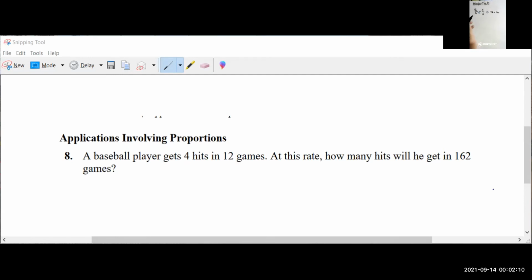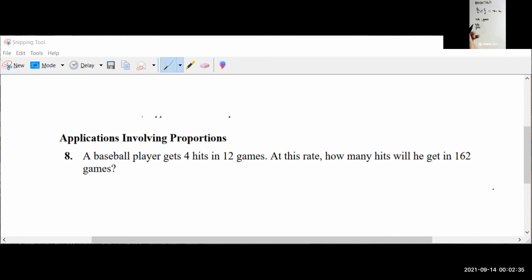The important thing is to be consistent about how we set up the proportion. Notice that we have hits and we have games. It doesn't matter how you set it up, as long as you're consistent. I'm going to place the hits in the numerator and games in the denominator.